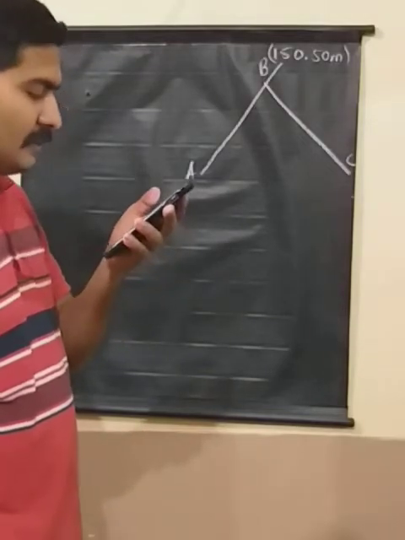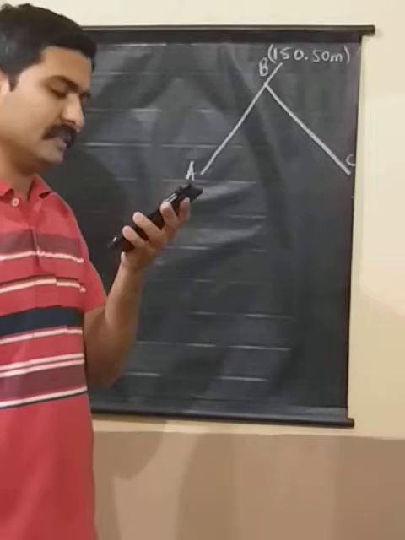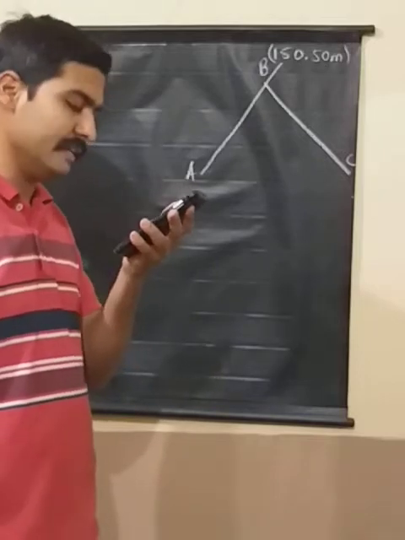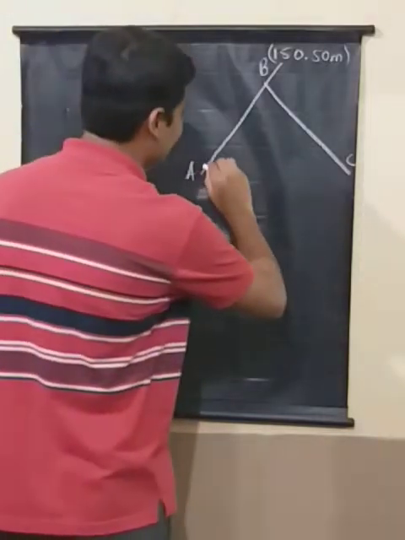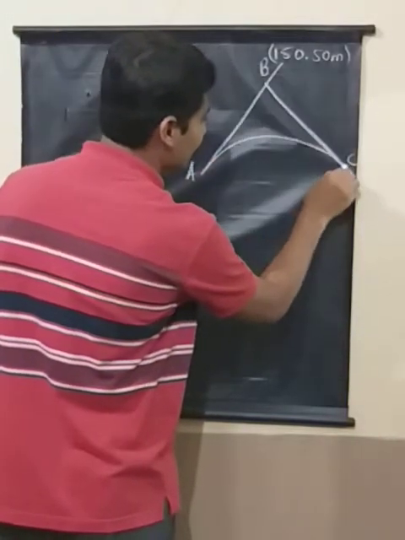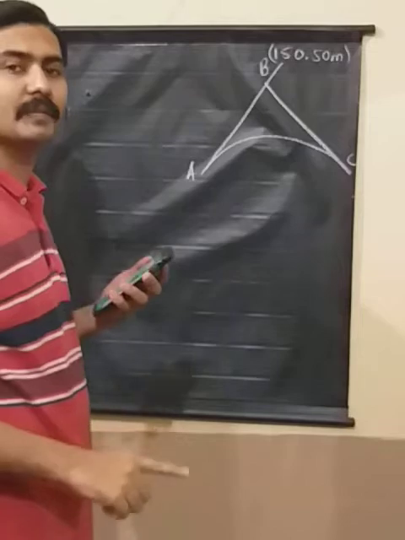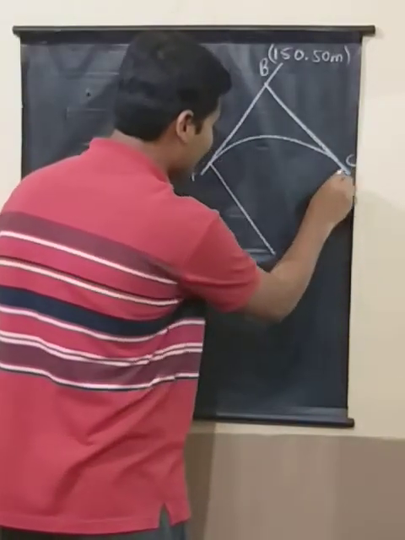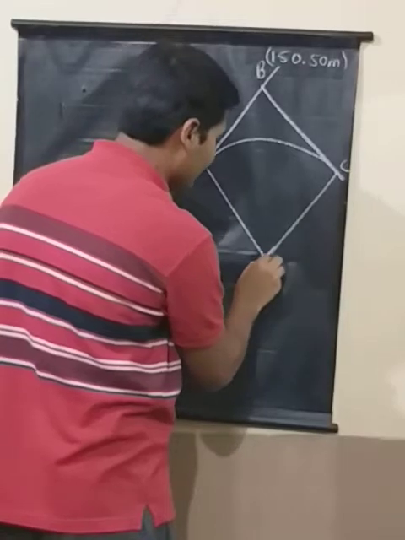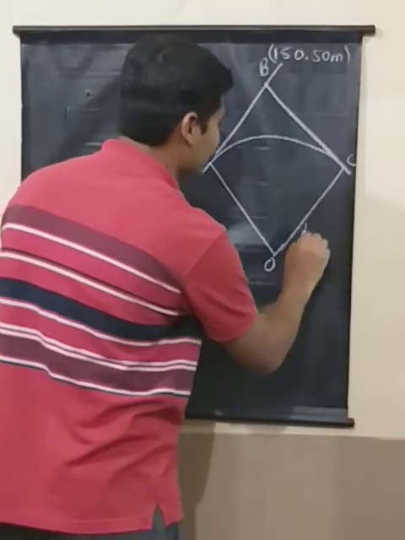Then you are supposed to calculate the data necessary for setting out a circular curve of radius 100 meter, so the curve has to be of 100 meter radius.